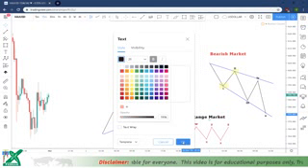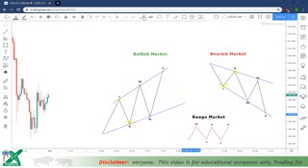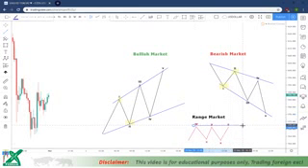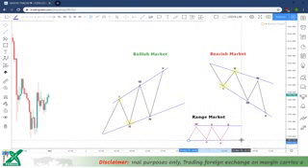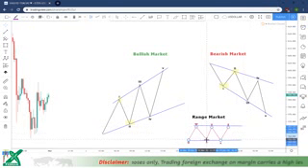This is a range market, and the price bounces between highs and lows. So this is a scenario of a consolidative market, a range market.